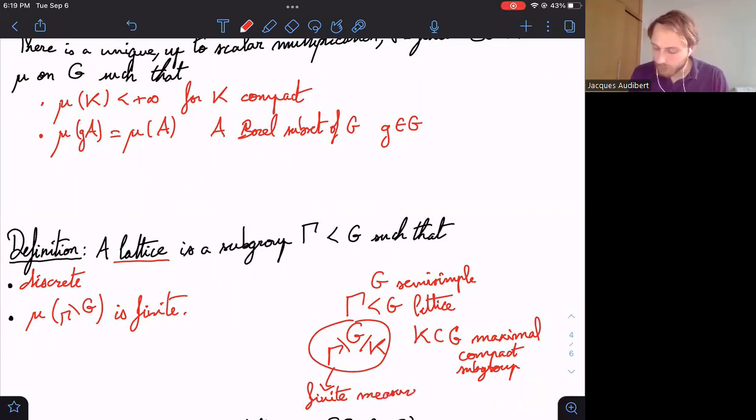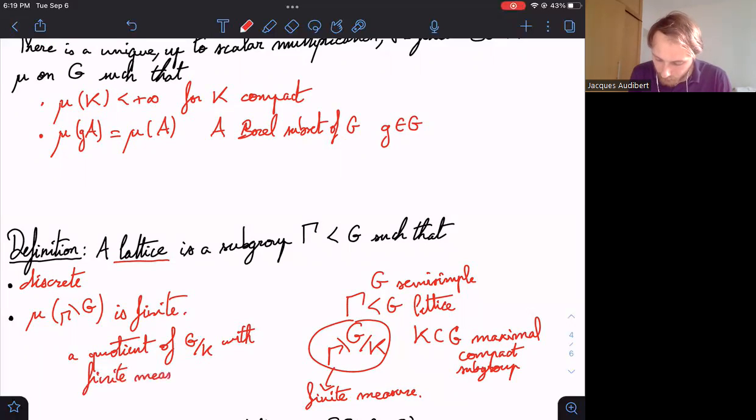And actually, if you want a quotient of G mod K that looks locally like G mod K, but with finite measure, then you have to quotient by a lattice. So this is the way you construct geometric manifolds with finite measure.